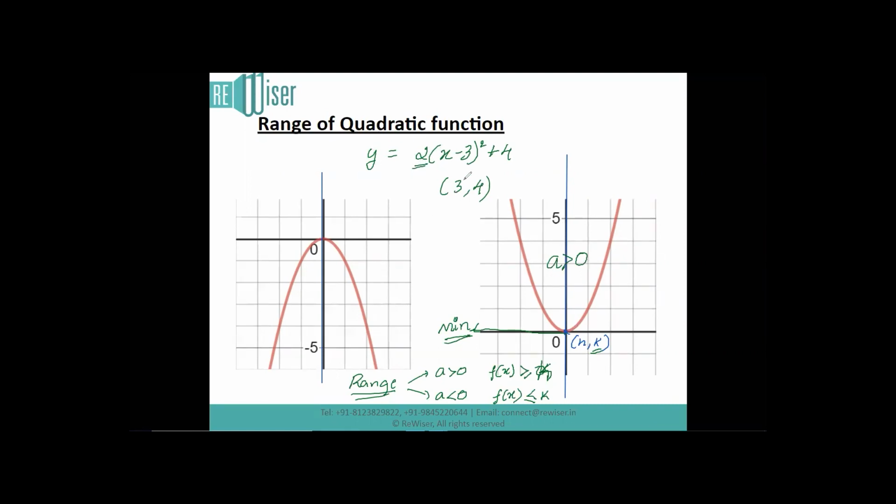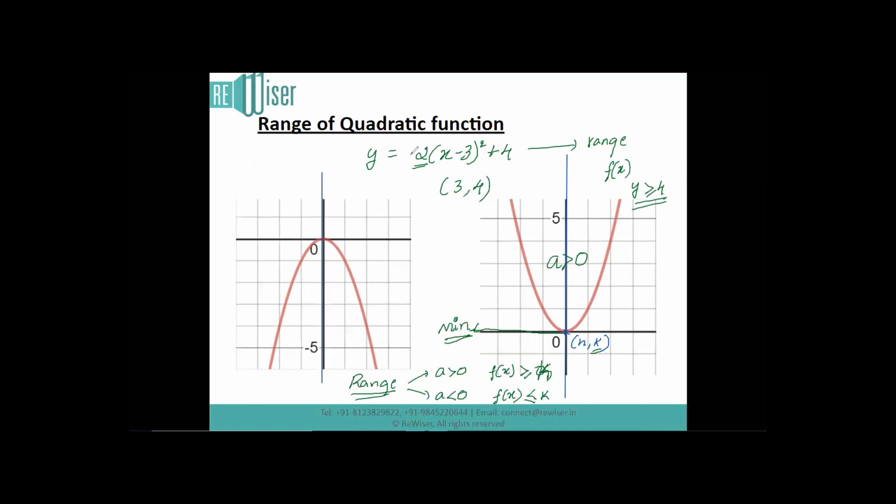Since a is positive, I can say the range of this function, f of x or y, will be greater than or equal to 4. If you graph it, the only possible values of y are greater than or equal to 4.